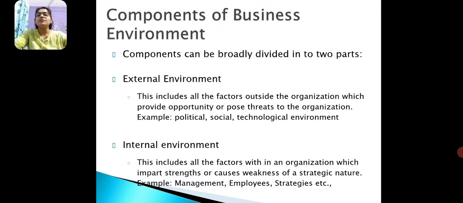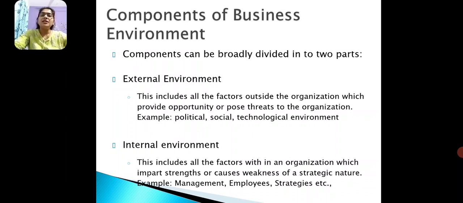So you can have a considerable amount of control on it. Again, you cannot have 100% control on it also. Maybe some of the factors you can control more, but still you have your customers, your employees, the management, the organization structure, your competitors, your internal policies. So all these are your internal environment.